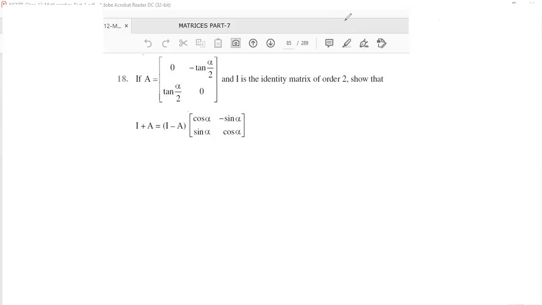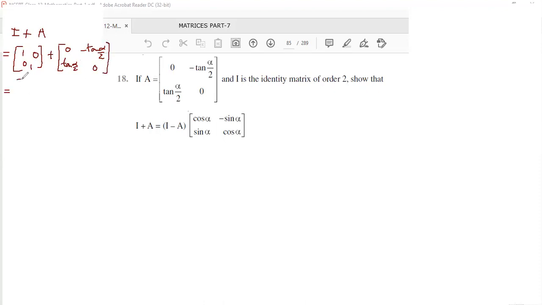As it is a 2 by 2 matrix, I will be 2 by 2 obviously. So I + A: first see what is the value of I + A. I will be [1, 0; 0, 1], and it is added with the matrix A, [0, -tan(alpha/2); tan(alpha/2), 0].